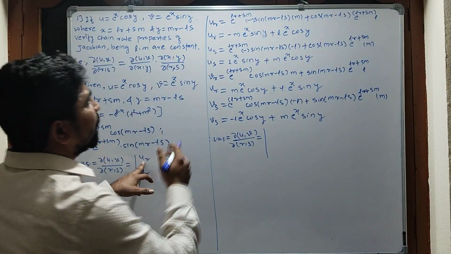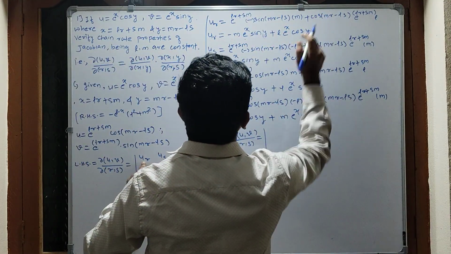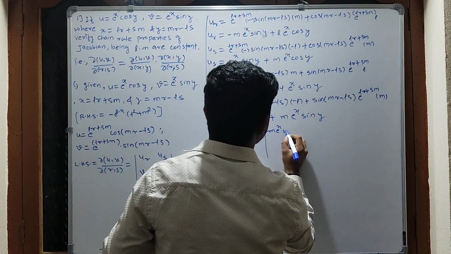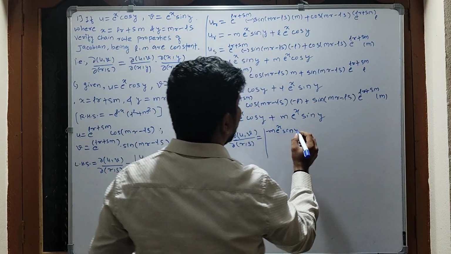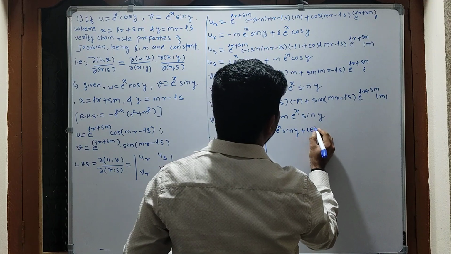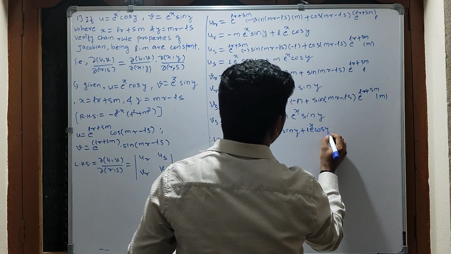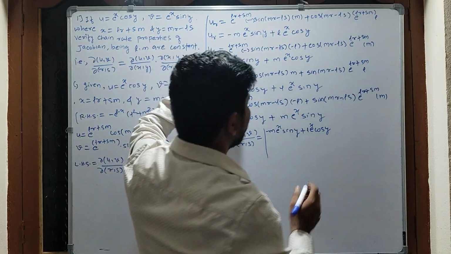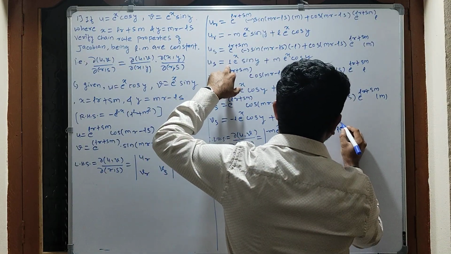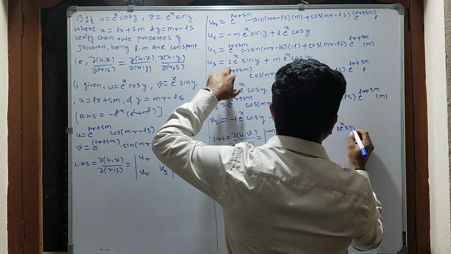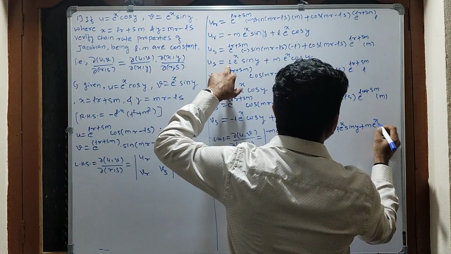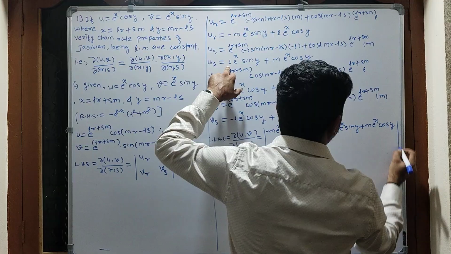So u_r, where is u_r? u_r equals minus m e to the power x sin y plus l e to the power x cos y. u_s is l e to the power x sin y plus m e to the power x cos y.